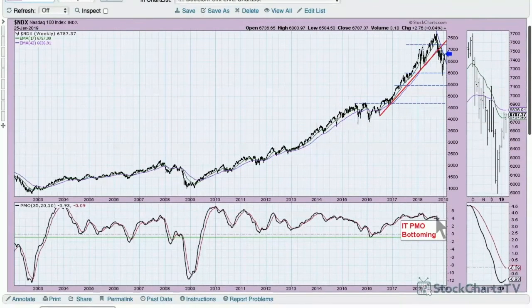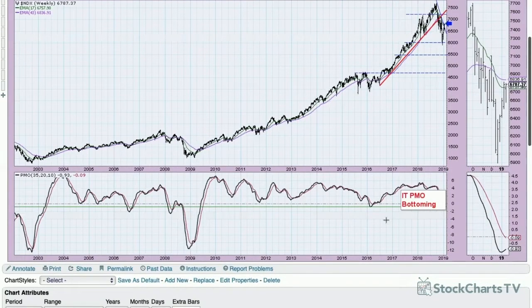It can do a lot worse, can it? Yeah. I can uncover that, but I don't think I need to. We know that it was a little bit lower than this low on the PMO. So it's oversold in the near term, I would say, but it's certainly not impossible to see it move even lower.